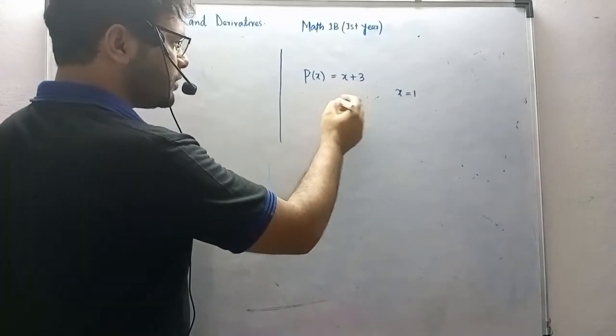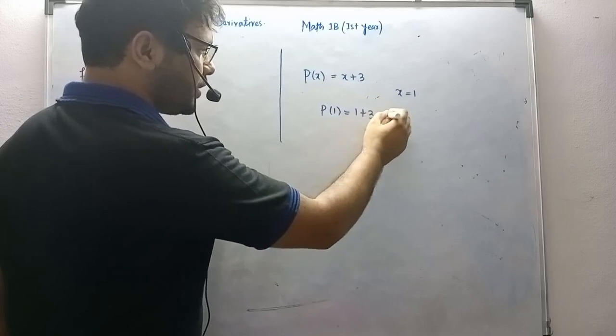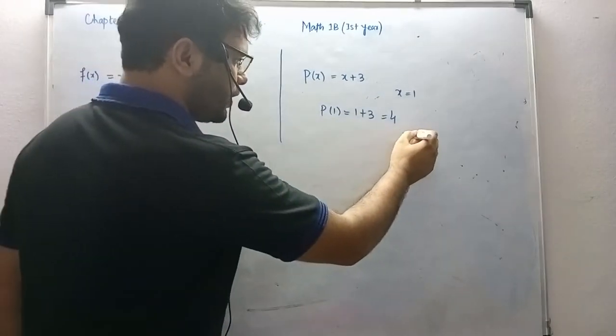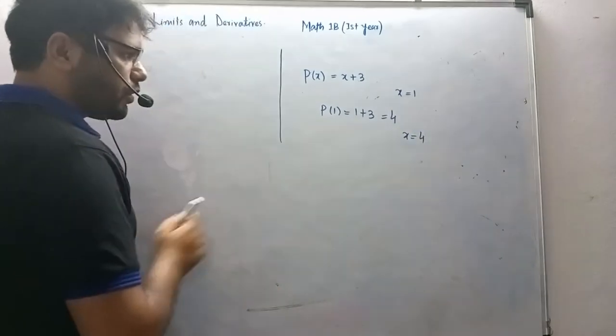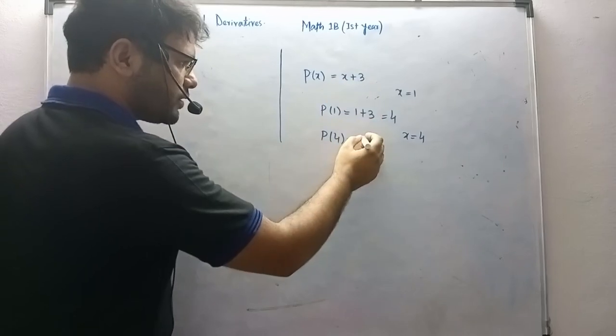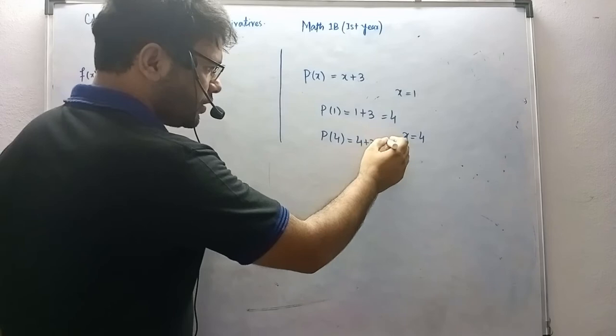So you will get p of 1 equals 1 plus 3, that is 4. If I ask you to find the value when x is equal to 4, you will write p of 4, and in place of x you will substitute 4, then plus 3, that is 7.